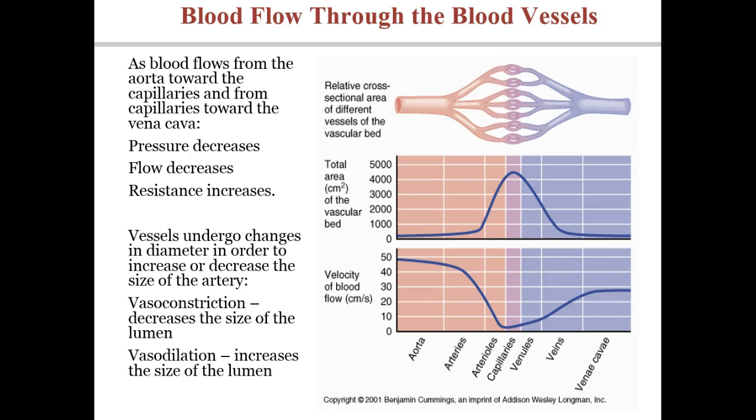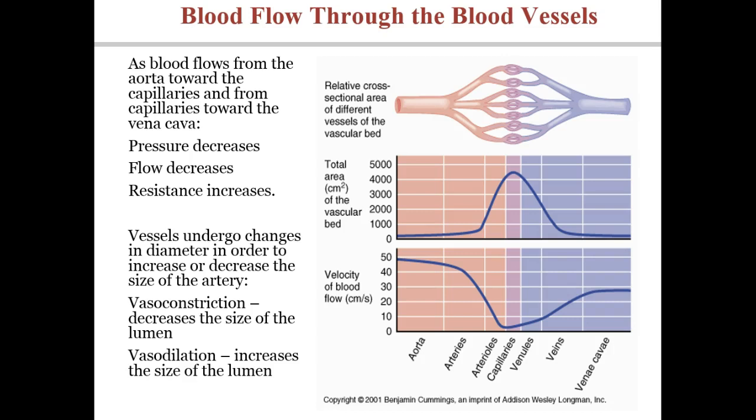Across the systemic circulation, the pressure is about 100 millimeters of mercury. The total resistance, so resistance is what the blood is working against to move along.